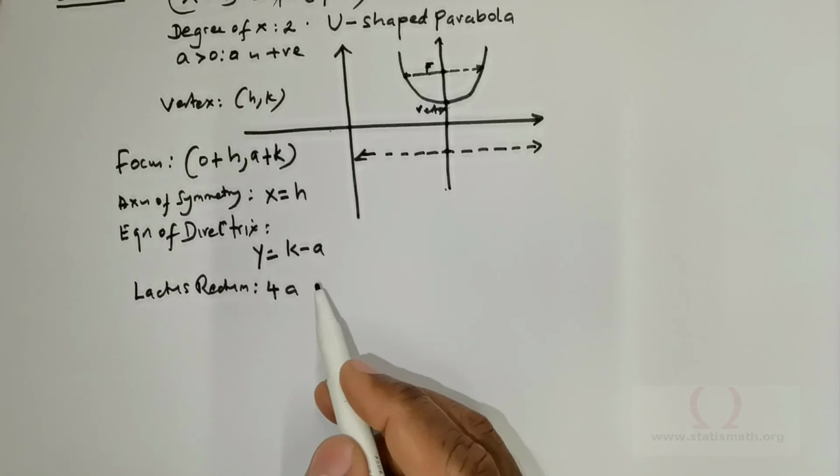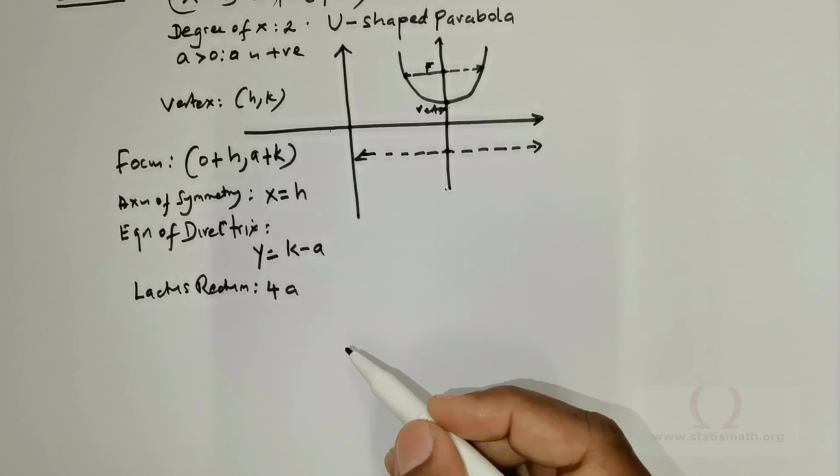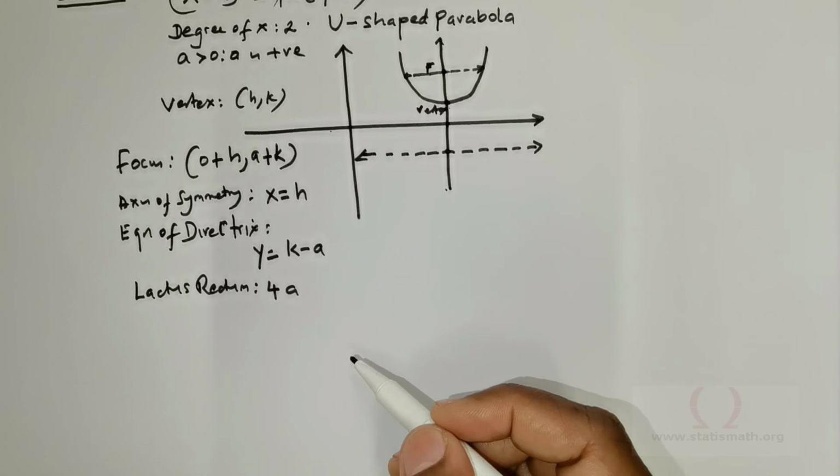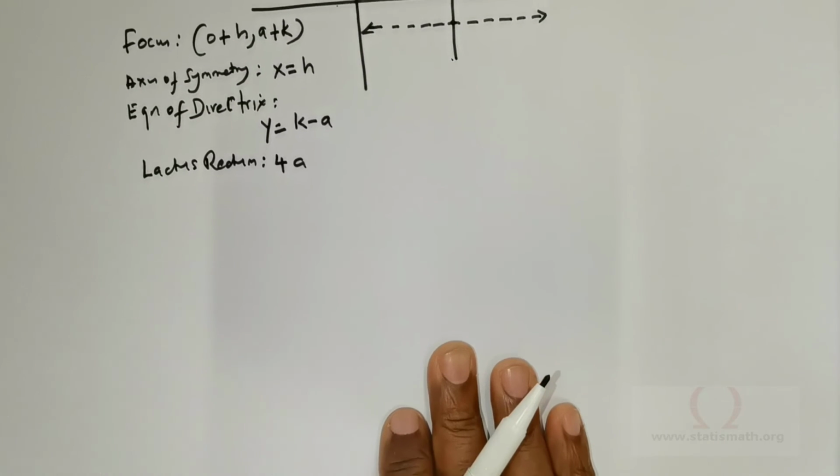So this is the information that they want, and if you could provide all this information, then you complete the question for this parabola. Okay, now let us see about the next case.